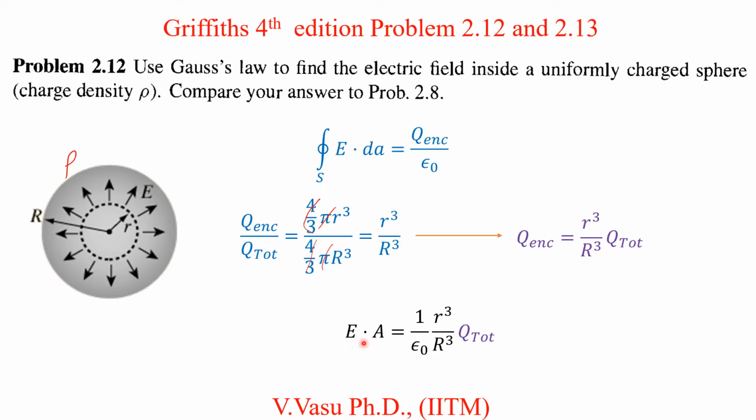Now E dot A, that is the electric field times the area A, is equal to 1 over epsilon naught times Q enclosed. Remember that this is an area integration. So 1 over epsilon naught, small r cube over capital R cube multiplied by Q total.